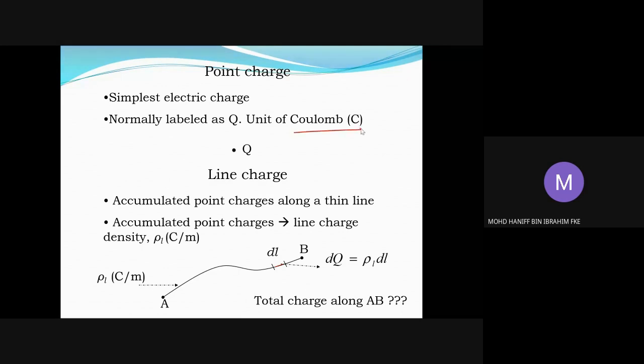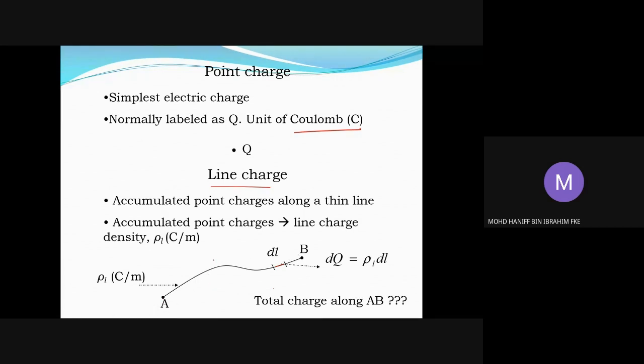And the next type of charge is called a line charge. For the case of line charge, the line charge is basically formed by point charges which are accumulated on a single line or along a thin line. For example, this particular line here has a length from point A to point B, the starting point and the end point.